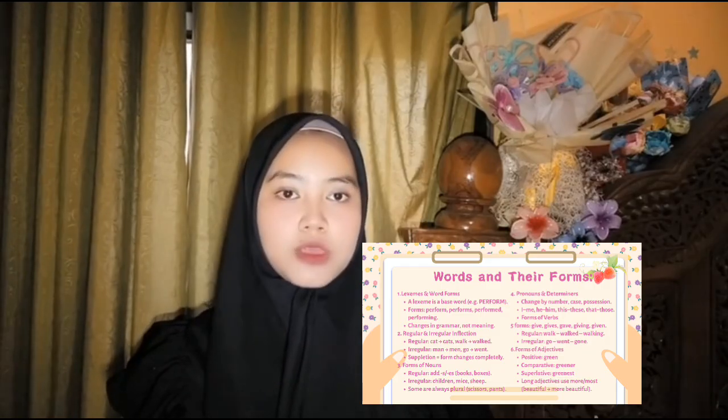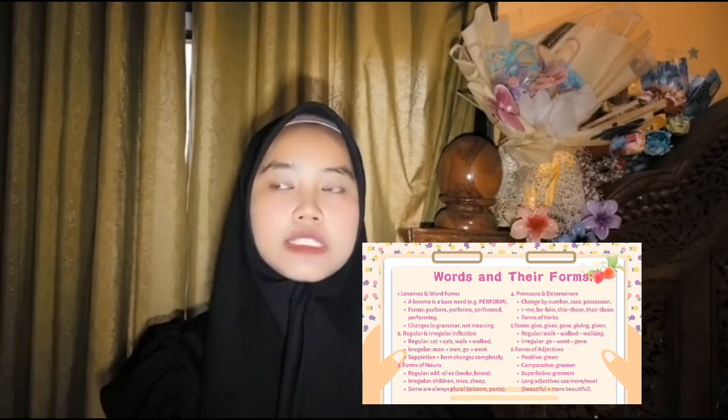And then the fifth point is about forms of verbs. Verbs show tense and grammatical role through inflection. Most verbs have 5 forms. For example, give, gives, gave, giving, and given. Regular verbs have 4 forms because past and past participle are the same, like perform, performs, performed, performing.